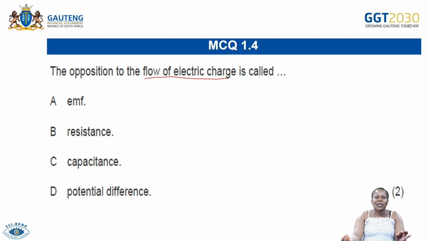But what provides that opposition? Definitely not the EMF. Definitely yes on the resistance, no on the capacitance, and no on the potential difference. So the correct answer is option B.